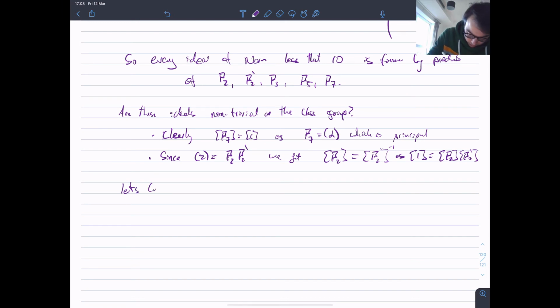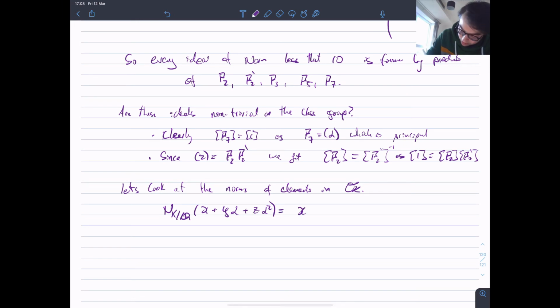So let's look at the norms of elements. Here's something that you can work out by hand if you want. The norm of a general element x plus y alpha plus z alpha squared, you can write this as x cubed plus 7y cubed plus 49z cubed minus 21xyz.